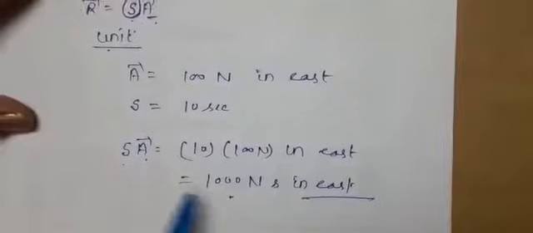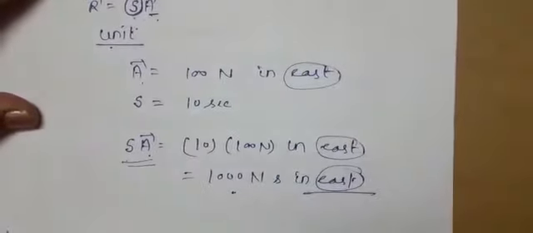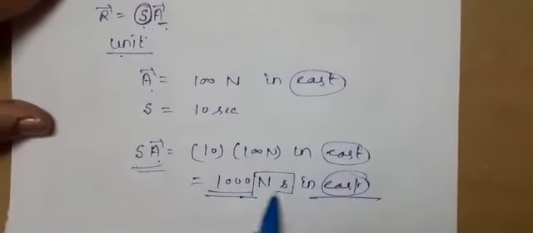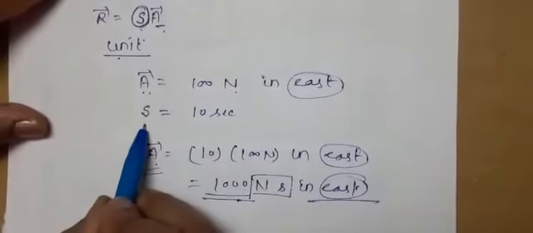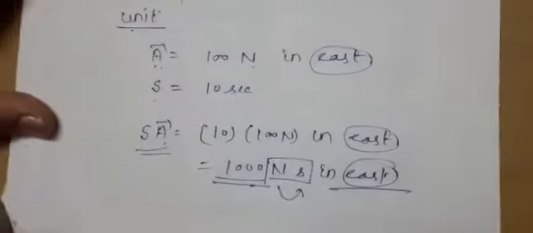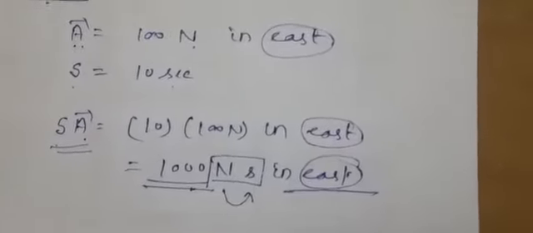So you see here that the direction of the resultant is the same as that of the given vector. What is changing? Numerical value as well as unit. Here vector A has unit Newton and the scalar quantity has unit second. So when a vector is multiplied by a scalar, the unit of the quantity will change depending upon the unit of the scalar which is multiplied with the vector.